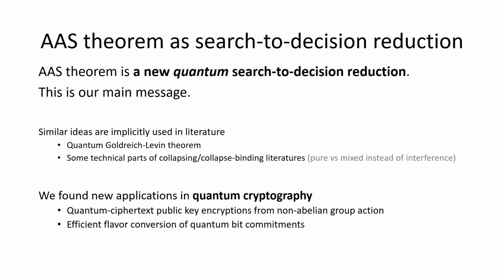As I said, we found that this idea is already used in many cryptographic works like the quantum Goldreich-Levin theorem, some recent work on collapsing, and some of our follow-up works like quantum public key encryption from one-way functions. We also found some new applications.